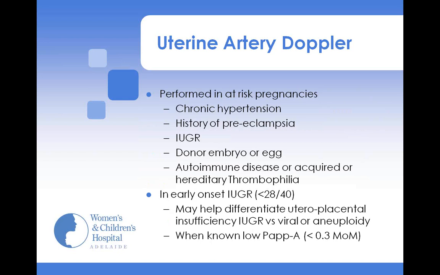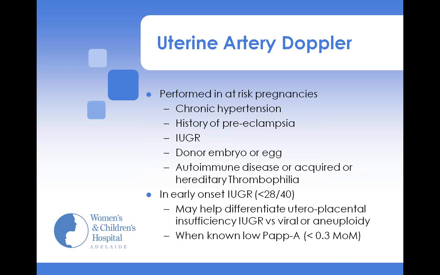So when do we perform uterine artery Dopplers? We perform in at-risk pregnancies. These include patients with chronic hypertension, history of preeclampsia, IUGR, patients who've had a donor embryo or egg, and in autoimmune disease or acquired or hereditary thrombophilia.